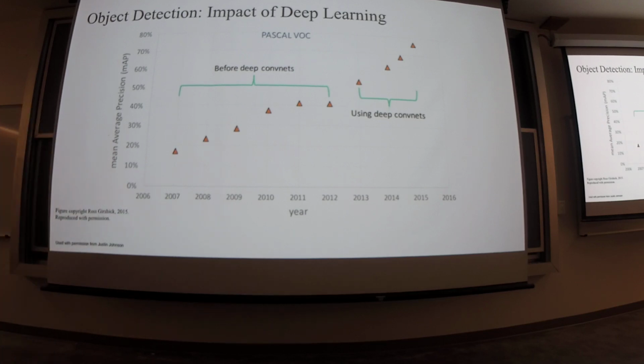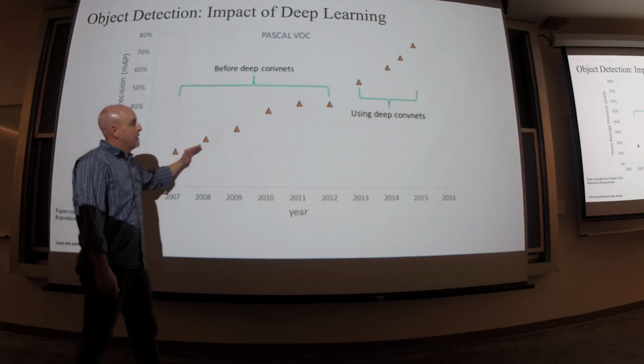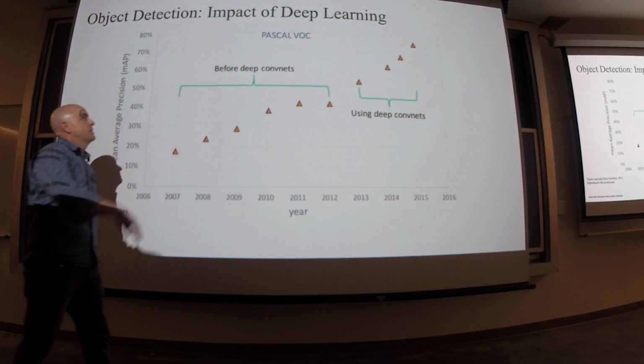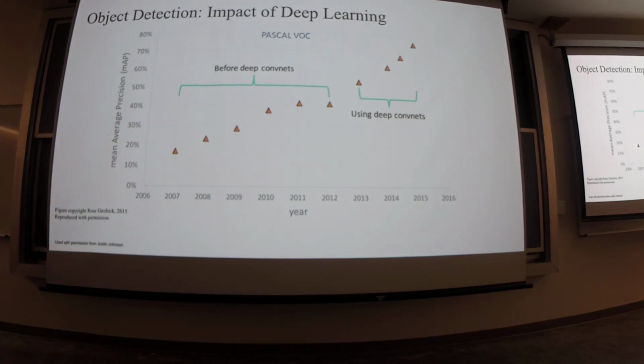This is the mean average precision of correctly predicting each object in the image, averaged over the objects. You can see there was progress being made, but then all of a sudden we started using convolutional networks and saw huge improvement. This is a particular data set from Pascal. Anyways, deep convolutional networks to the rescue.